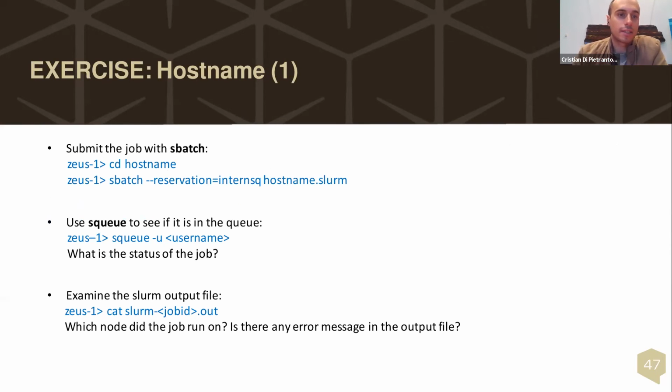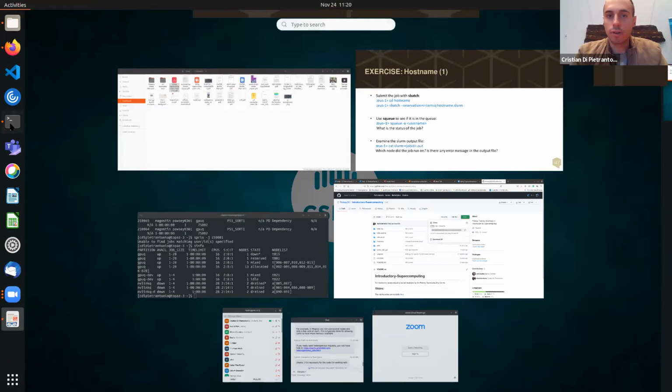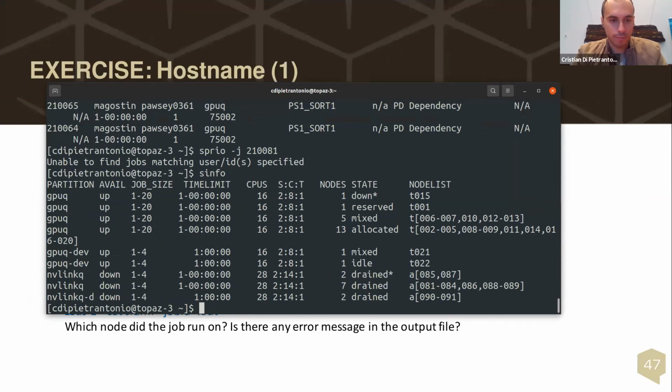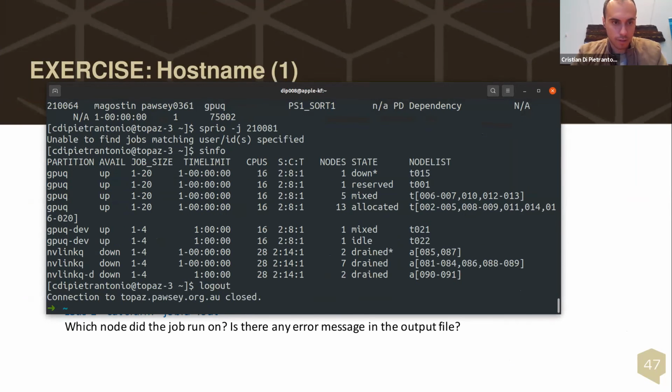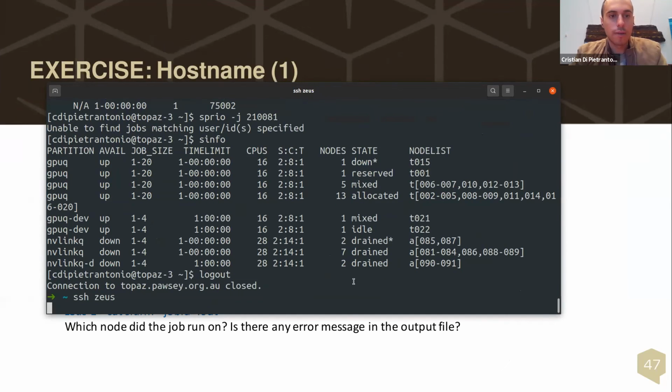This is the first exercise where we are actually going to submit a job to the scheduler, and the exercise is present in the repository we have downloaded earlier, in the introductory supercomputing folder. I'll go on Zeus.